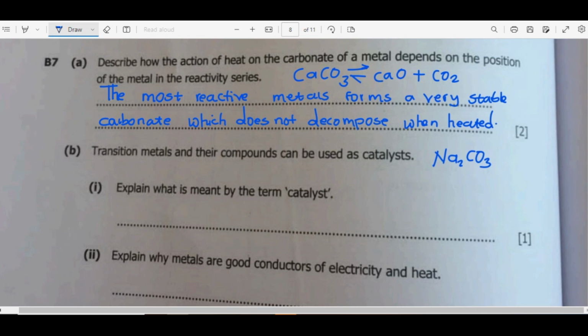Transition metals and their compounds can be used as catalysts. Explain what is meant by the term catalyst. A catalyst is a substance that can alter or change the speed of a chemical reaction without itself being used up.